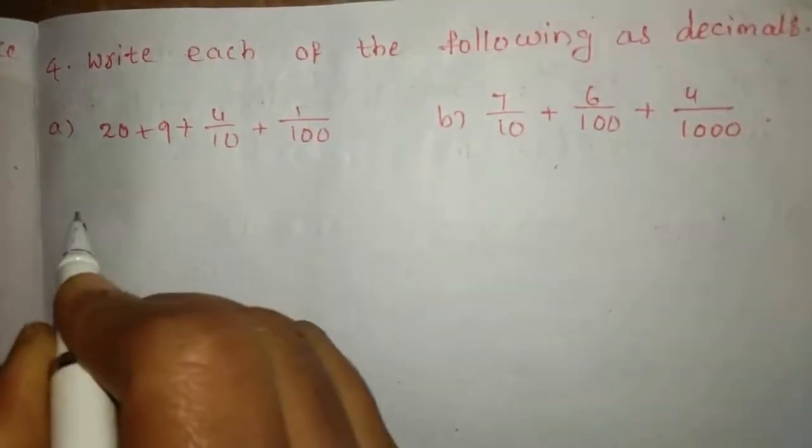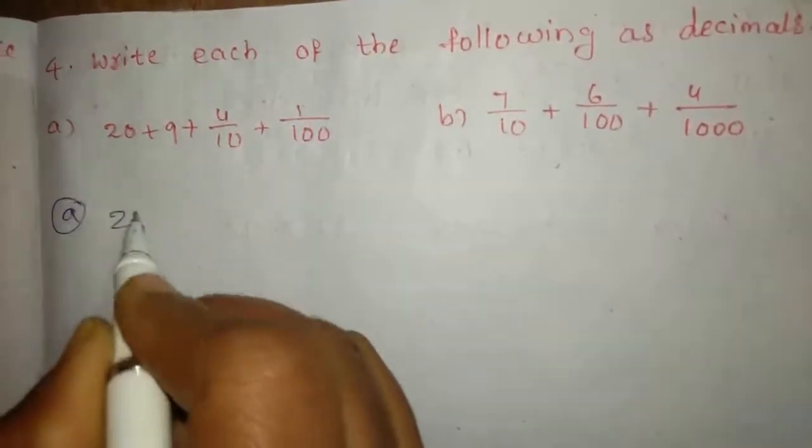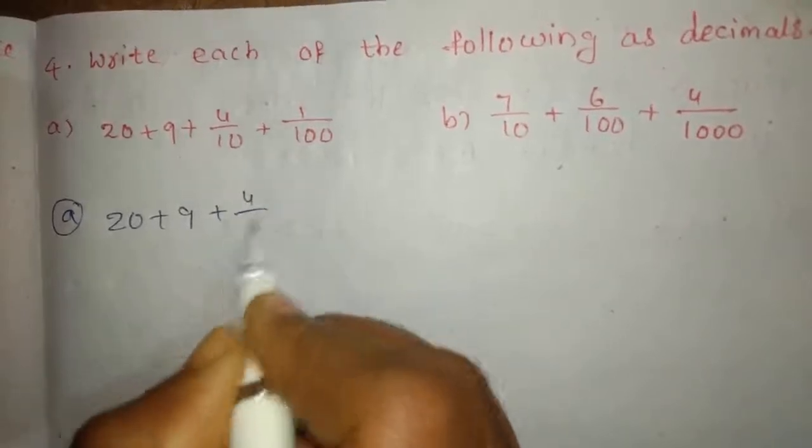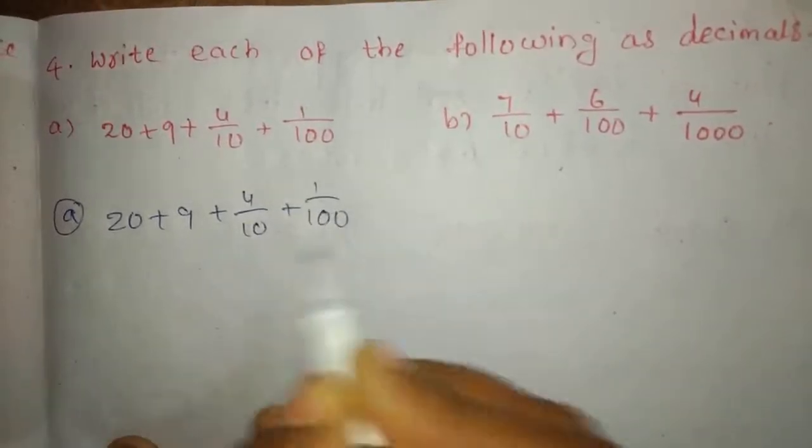Now change the forms. The first one is 20 plus 9 plus 4 by 10 plus 1 by 100.